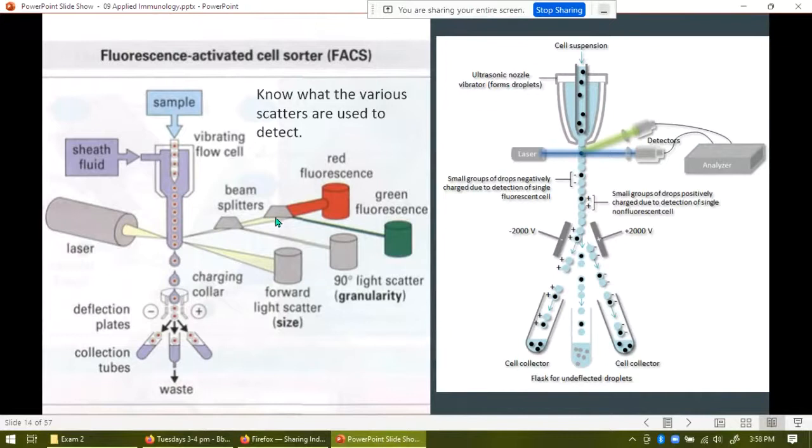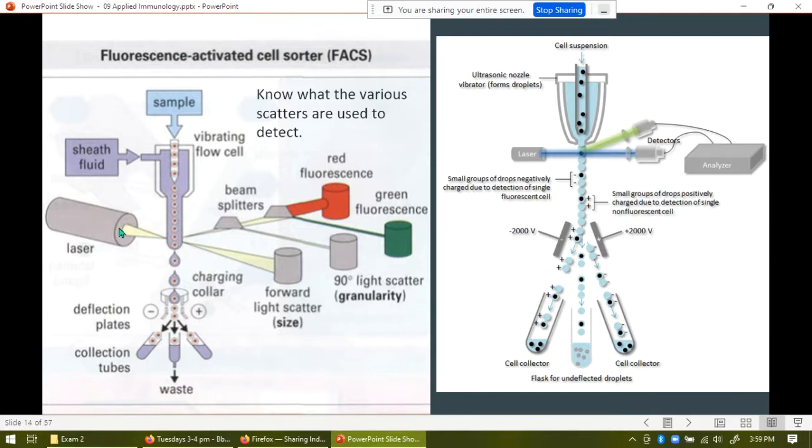So really cool stuff. The other thing that this can allow you to do is, it's got these beam splitters that allow it to read the fluorescence at different wavelengths, for example, at a red and green fluorescent wavelength. And then it also looks at the 90-degree light scatter that is not in the plane of the beam, and that allows you to indicate the granularity of the cell.